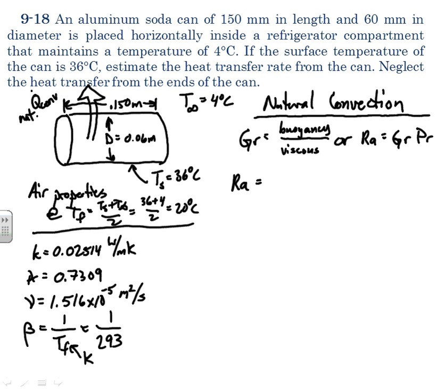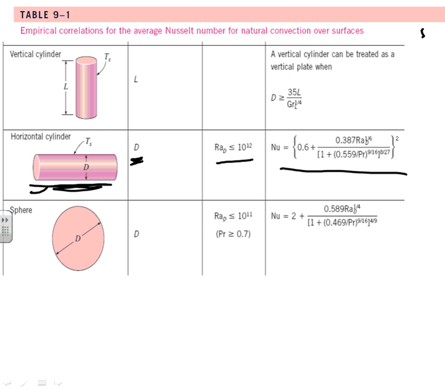Well, what is the Rayleigh number? We can go to table 9-1 in our book. It says there's a horizontal cylinder, and that's what we have. We have a horizontal can of soda. The characteristic length scale is the diameter. That's the second column.